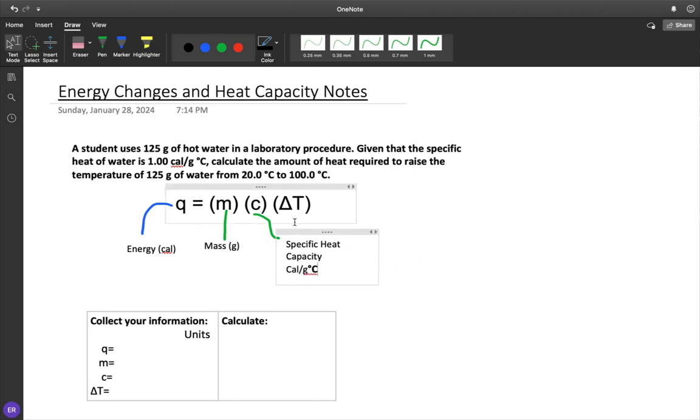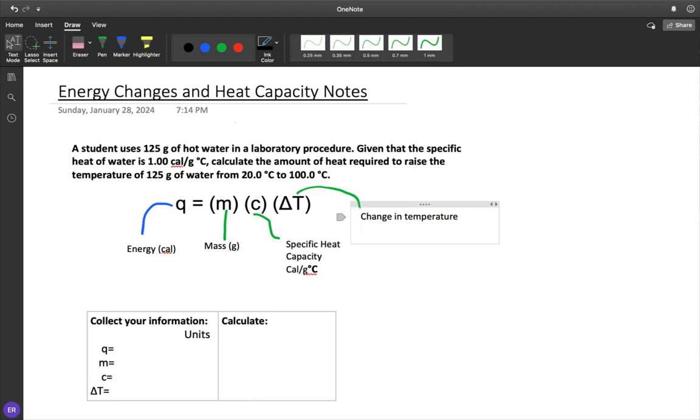And then the last one is our change in temperature. Sometimes the change is given for us, or sometimes we have to calculate it.